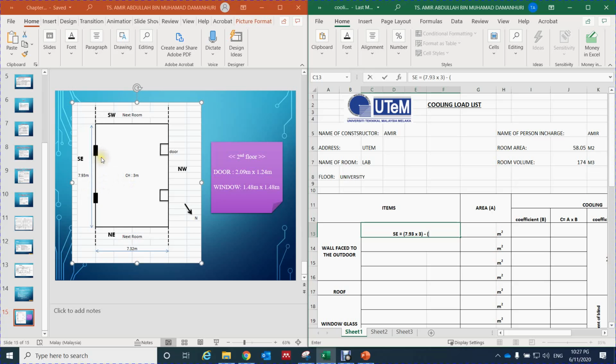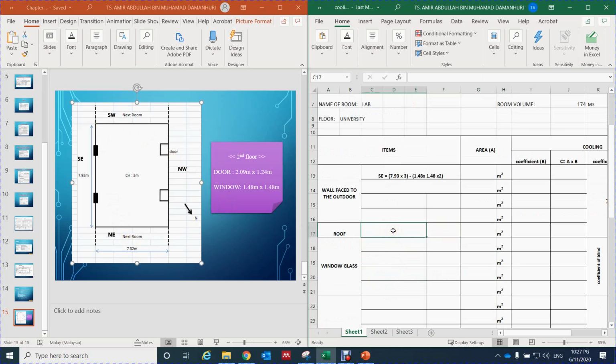We have two windows here, 1.48 times 1.48, and we multiply by 2 since there are two windows. So now we have only one wall facing the outdoor. Do we have a roof here? I don't think so, because it is on the second floor, the middle one, so it only has a ceiling with concrete.